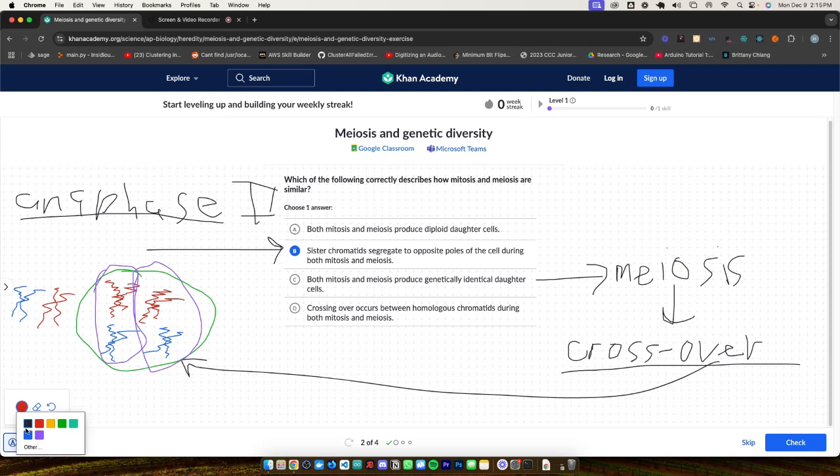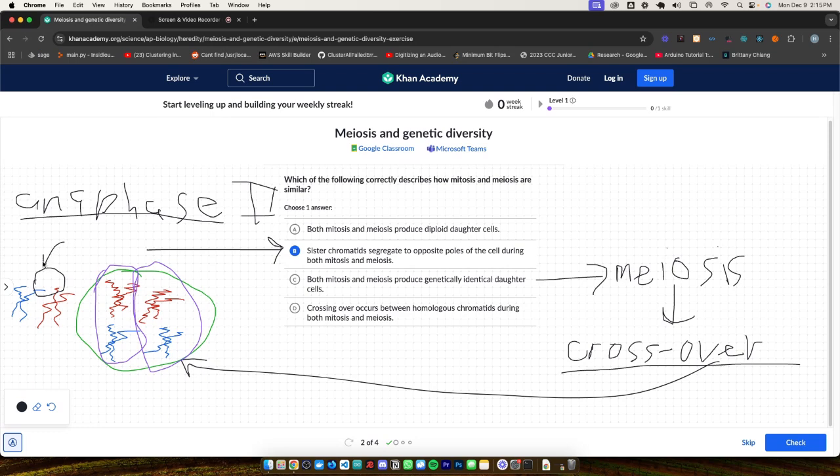But then during chromosomal crossover, a piece of this DNA is going to swap places. A piece of your mom's DNA is going to swap into your dad's, and a piece of your dad's DNA is going to swap into your mom's.